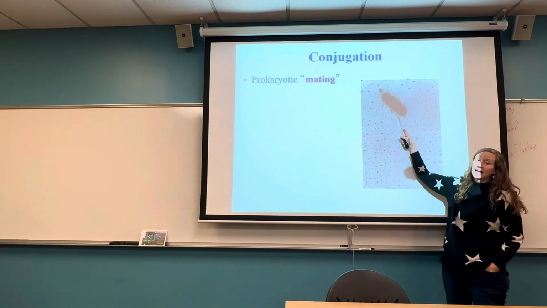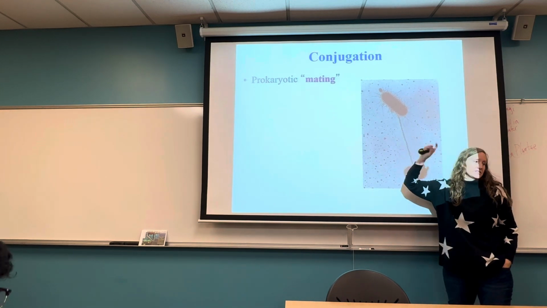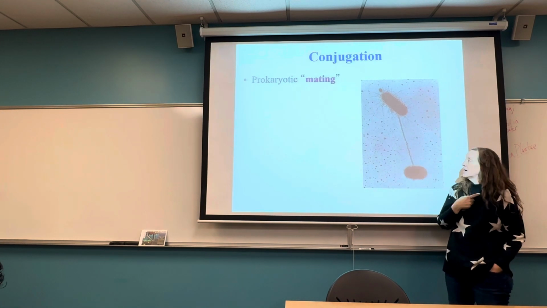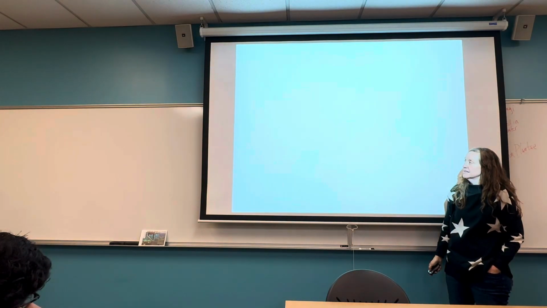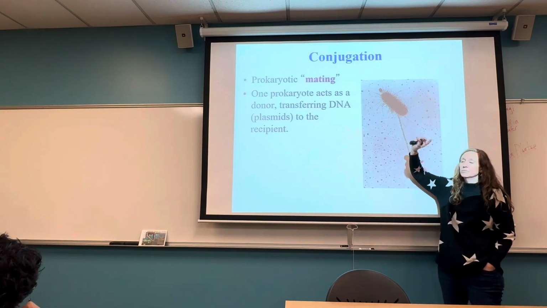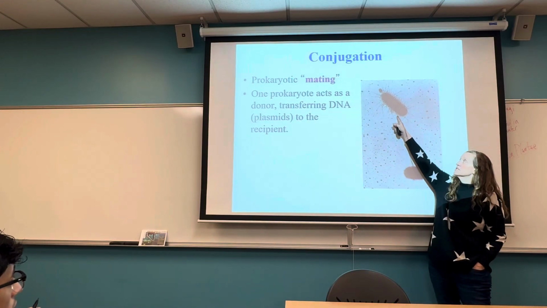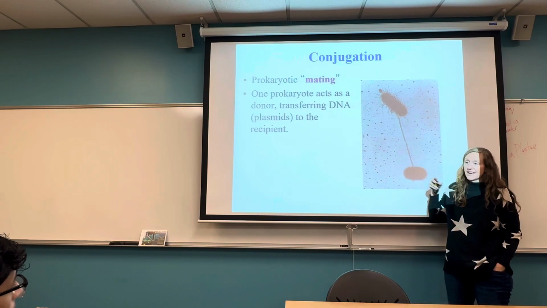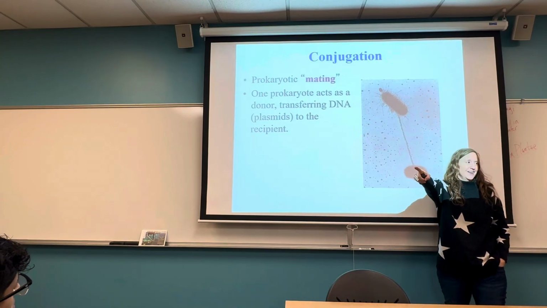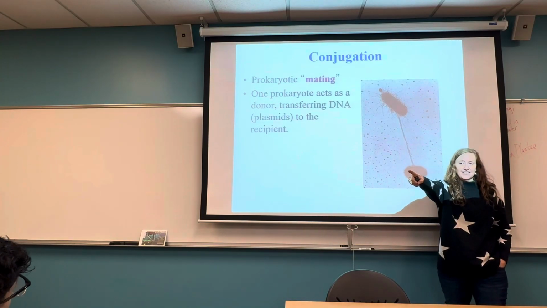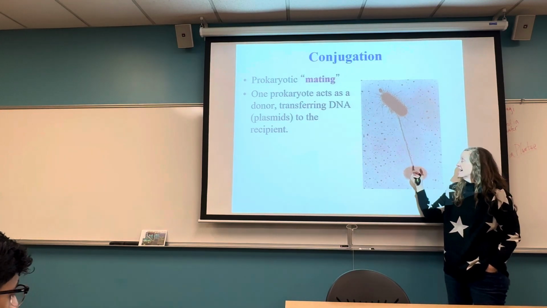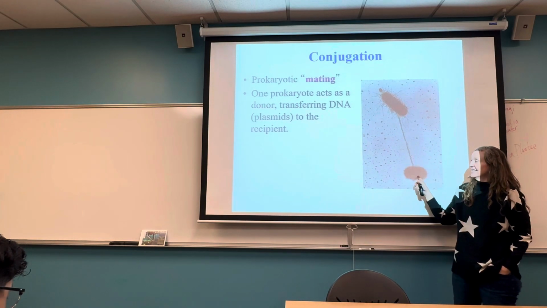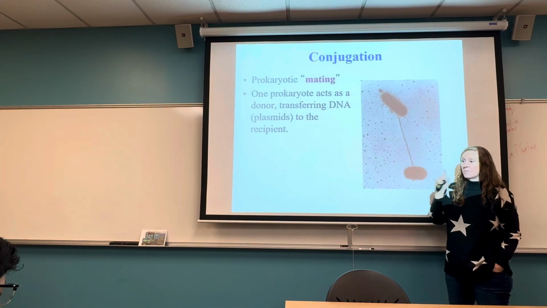These are called pili, extensions that can come out from a prokaryote's body. And they'll do one of two things with these pili. One, it can be a special pili that can basically poke into a different bacteria. Could be the same species, but here we can see they can do it with different species, and they can send genetic material across.